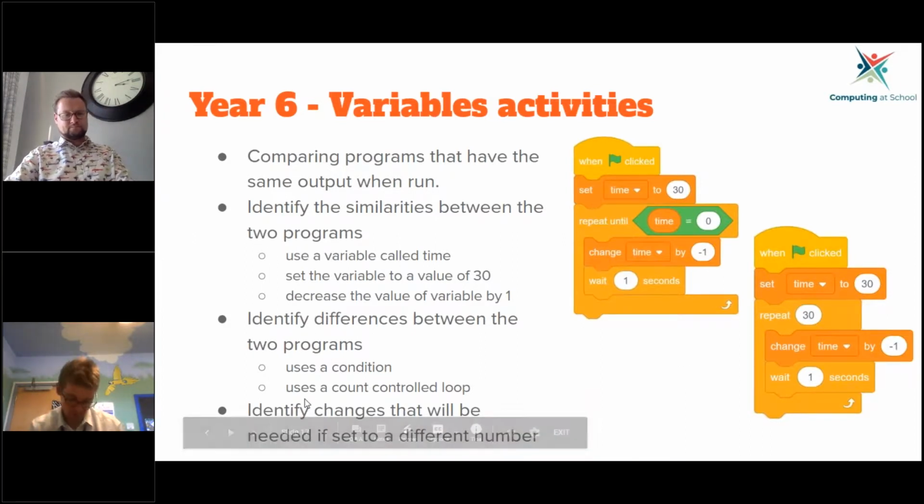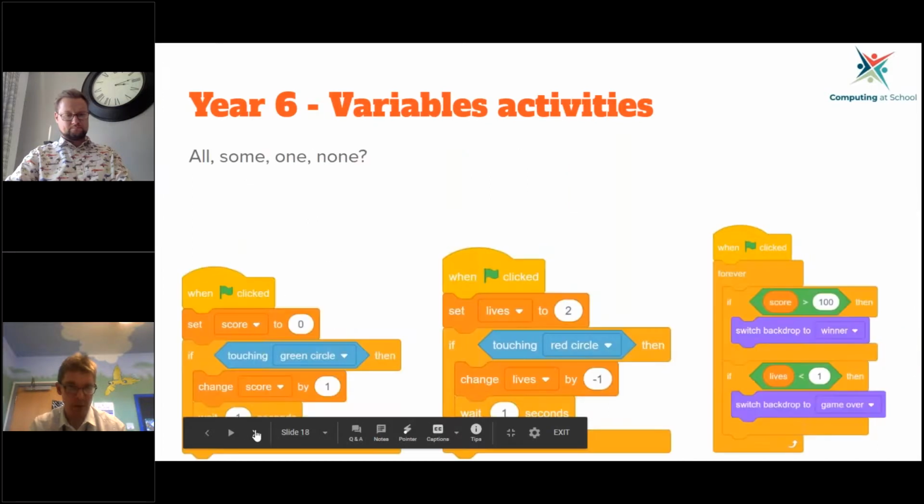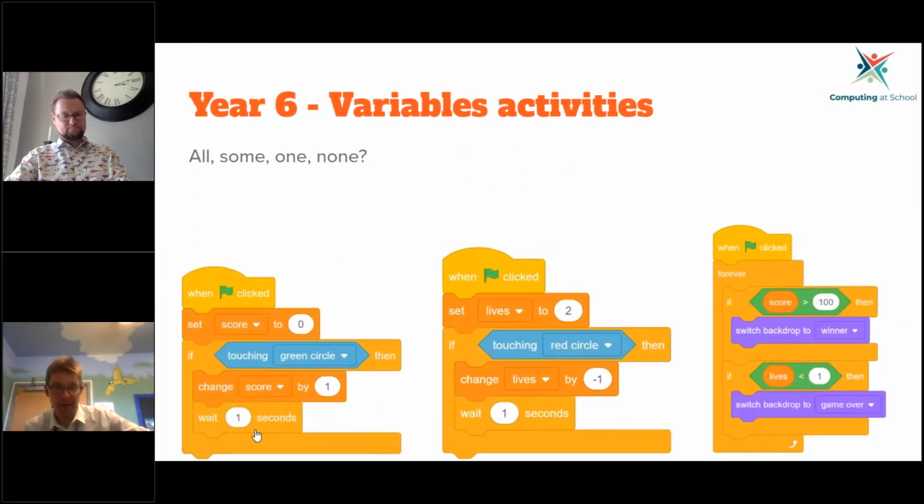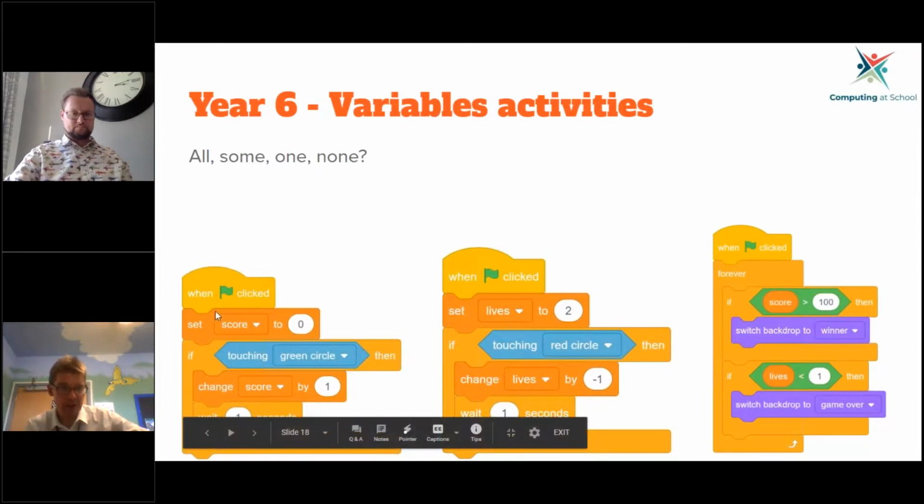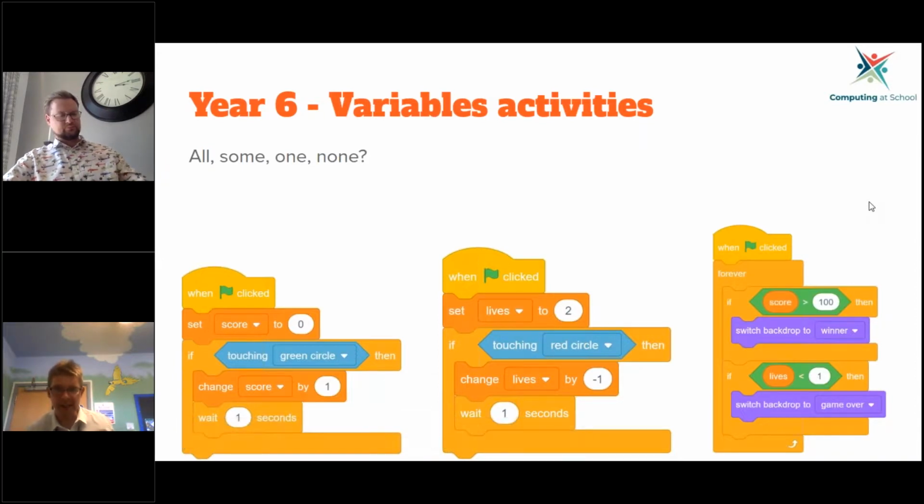And so the final activity that we will do, which you do need handout 5 for, but if you're on screen, you can just leave it on screen. You're looking at this one being program A, this one being program B, and this one being program C. Some of the activities you might have seen with the White Rose Maths resources, but we're looking at shapes, and you're looking at, does this property relate to all of the shapes, some of the shapes, one of the shapes, or none of the shapes?